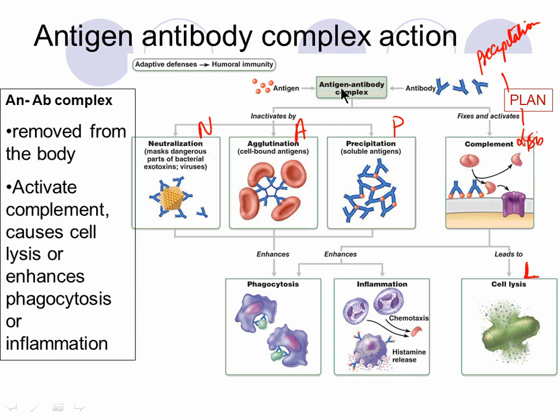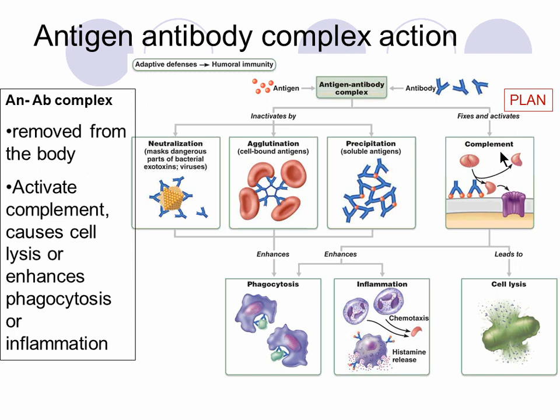So if you look at this picture, you can see an antigen-antibody complex. What happens? It gets inactivated either by precipitation, agglutination, or neutralization. These in turn now have to be removed, so phagocytosis is the best way to remove them. Or it can activate complement. Remember, I told you complement took part in specific and non-specific immunity.